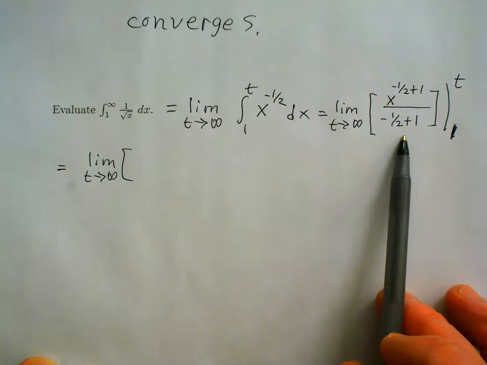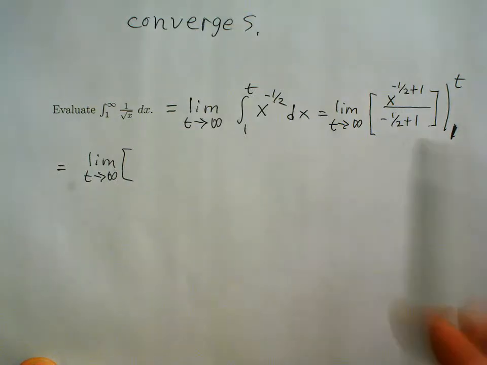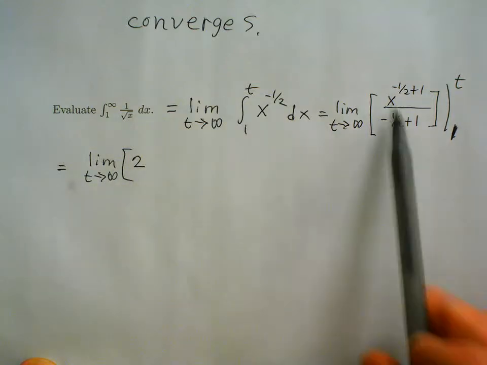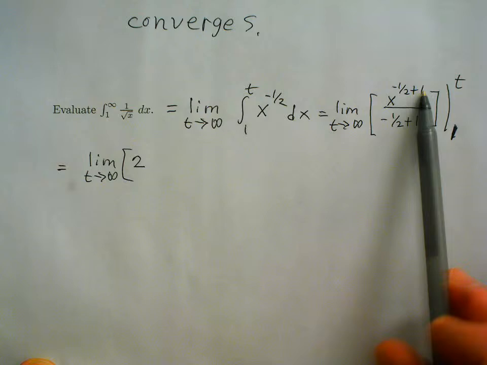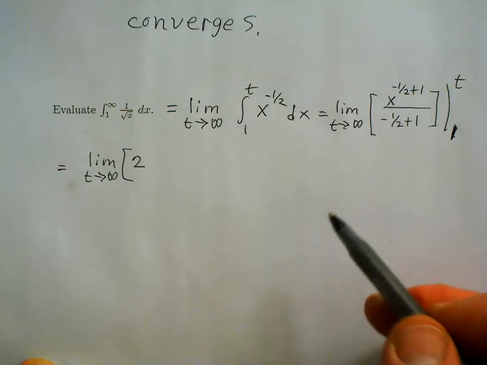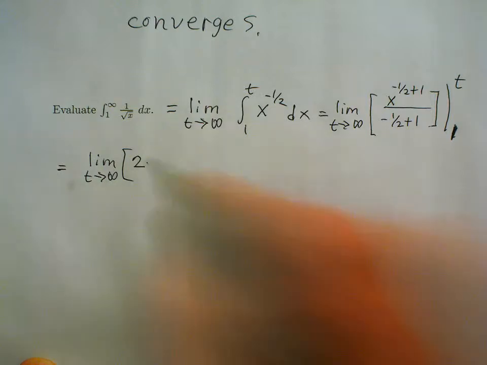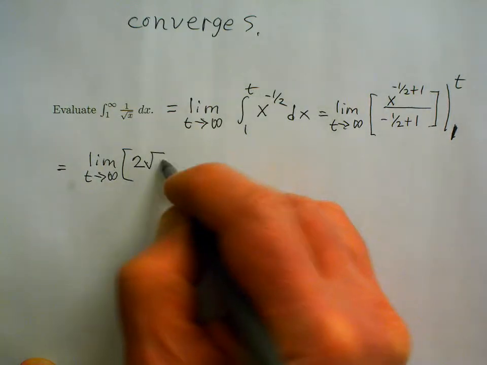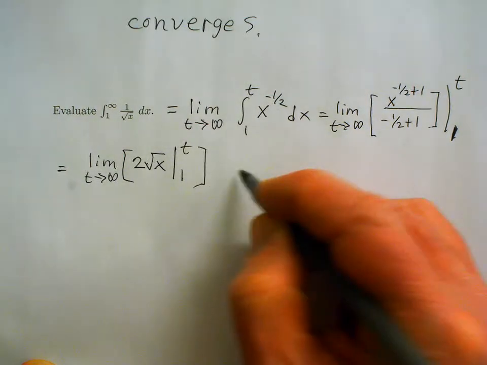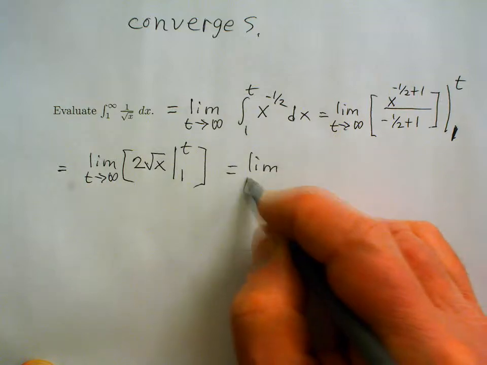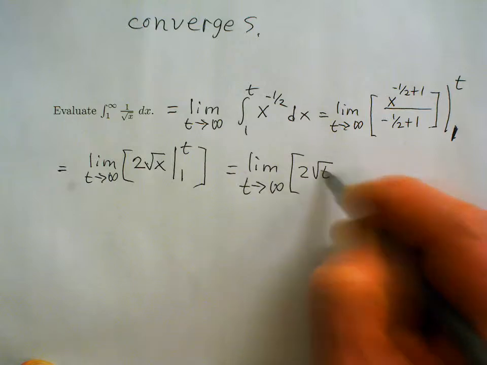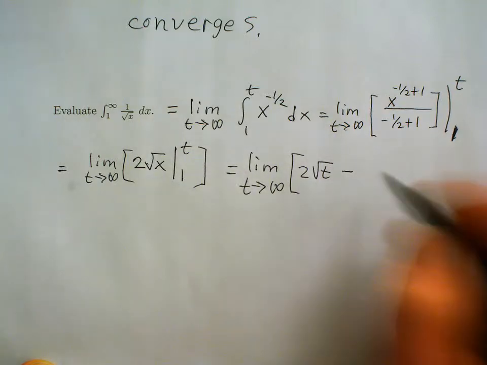And if we divide by 1/2, that's equivalent to multiplying by 2. And x to the negative 1/2 plus 1 is x to the positive 1/2, which is the square root of x. Then we evaluate this from 1 to t. Okay, so we get 2 times the square root of t minus 2 times the square root of 1, or just minus 2.